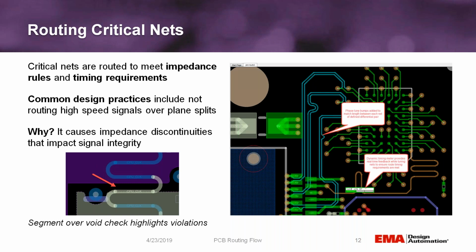It causes impedance discontinuities that impact the signal integrity. So in this particular case, this clock net routed over this split will cause a signal bounce in this area and will affect the signal integrity of this signal. We also have a check in the tool called segment over void, and that will highlight any violations as you see here.